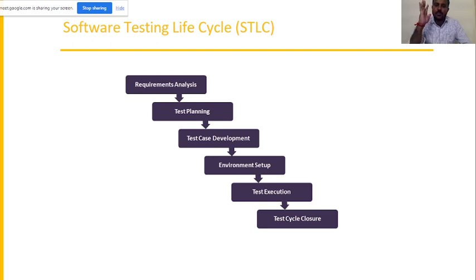In the environment setup phase, what activities. In the test execution phase, what activities. Like that, in the test cycle closure phase. In some time we will understand. So for now you just copy down each and every step as it is.